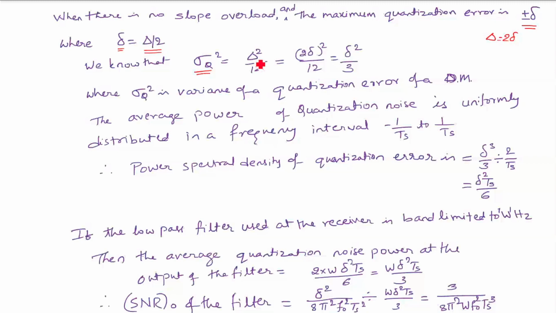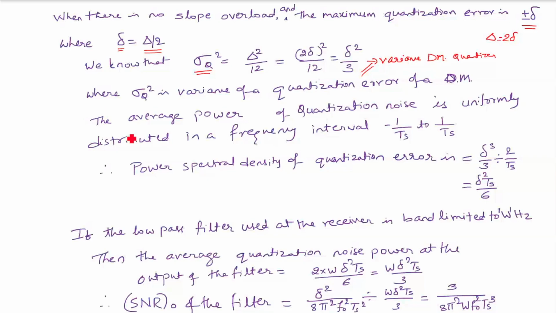If it is substituted here, I can have 2 times small delta square by 12, resulting in the variance of the delta modulation quantizer, where sigma q square is the variance of the quantization error of a delta modulation system.